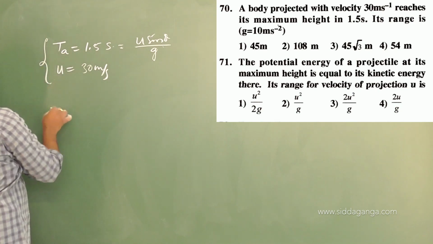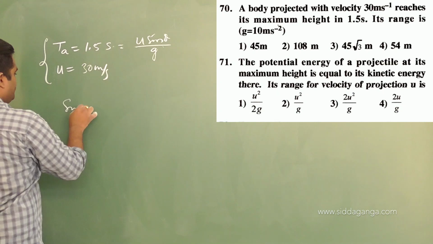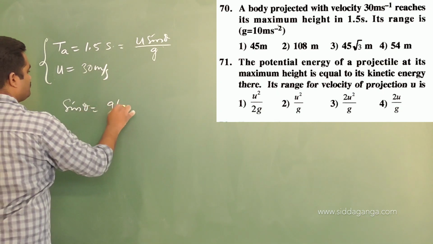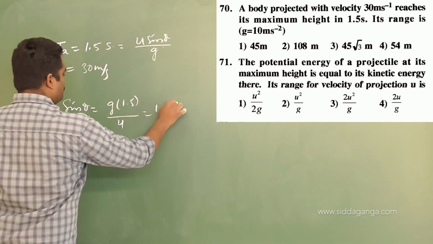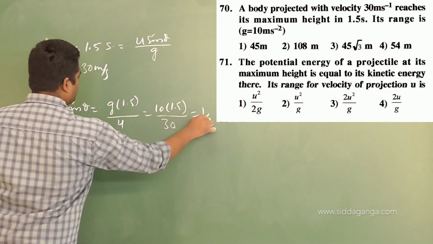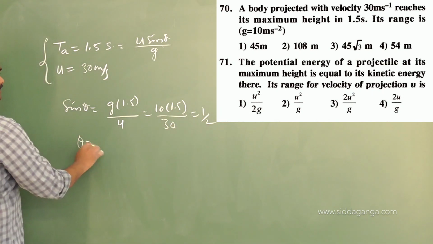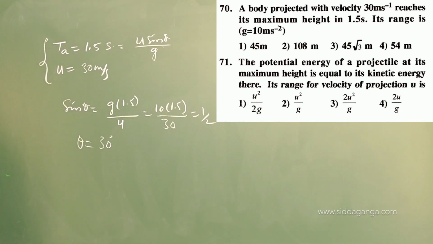From these two relations I can write the sin theta value: sin theta equals g into 1.5 divided by u, that is 10 into 1.5 divided by 30. 15 by 30 means 1 by 2. Now the value of theta is 30 degrees.